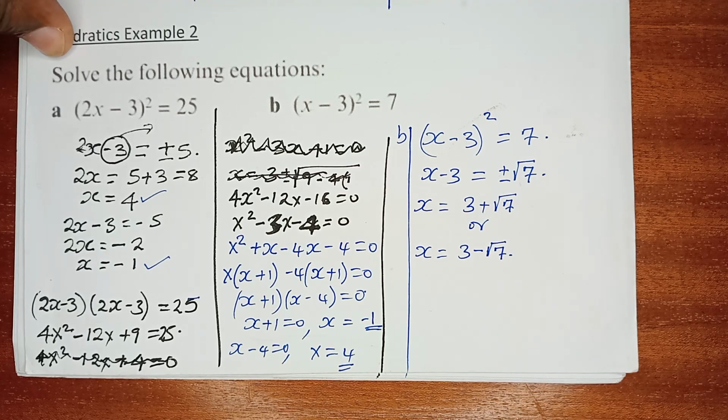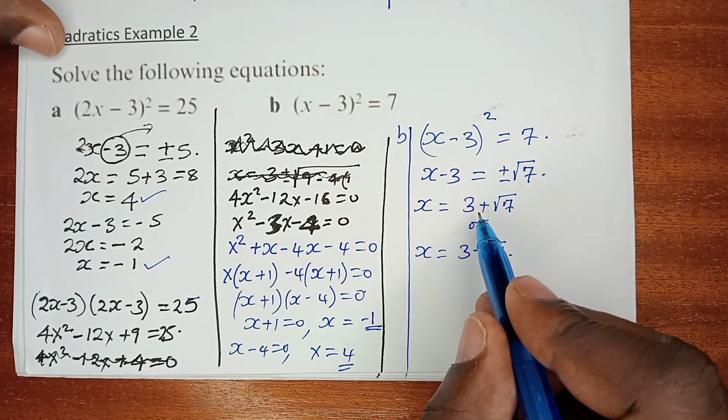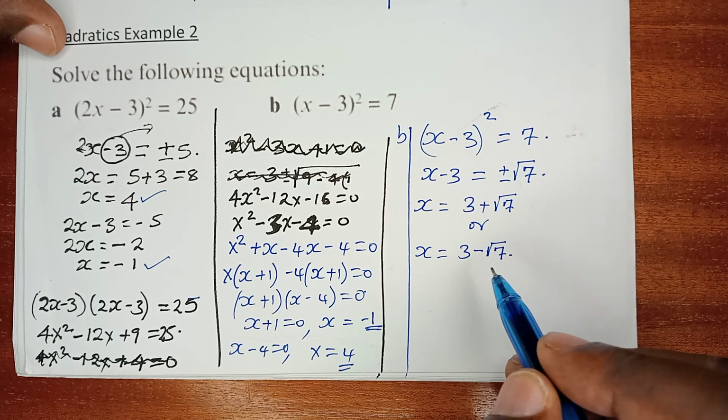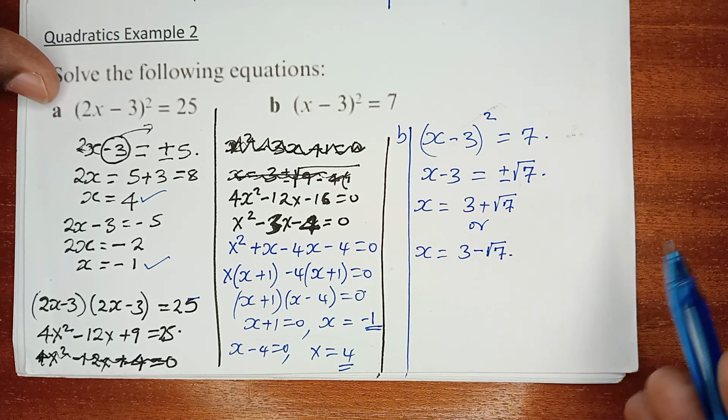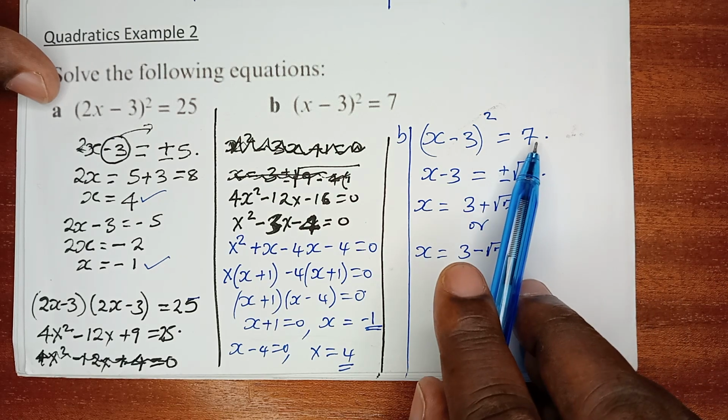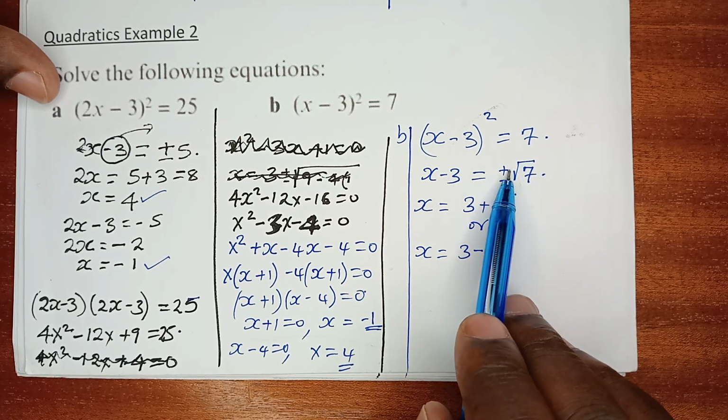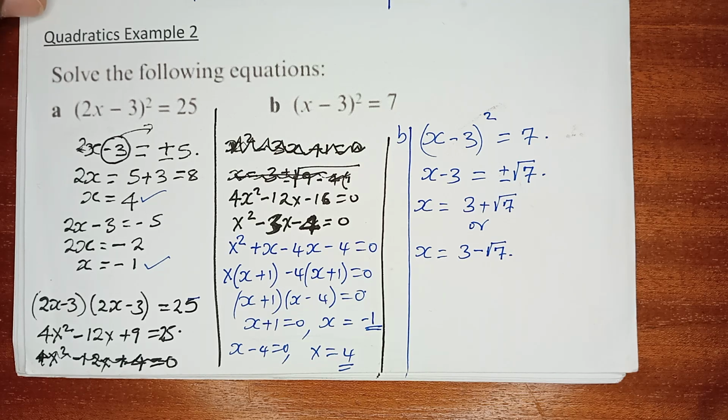Either that is this 3 plus root 7, or 3 minus root 7. And we know why, simply because the square root of positive 7 is either plus or minus root of 7.